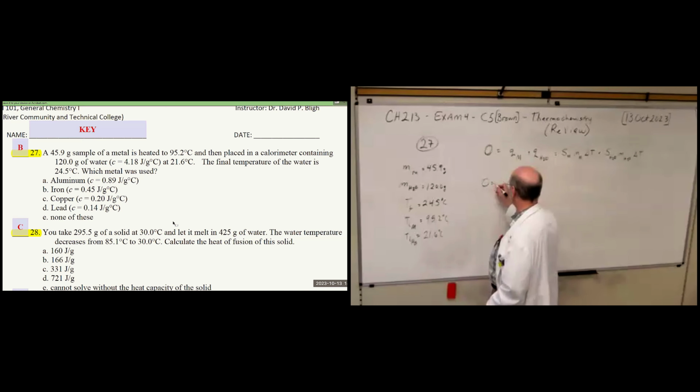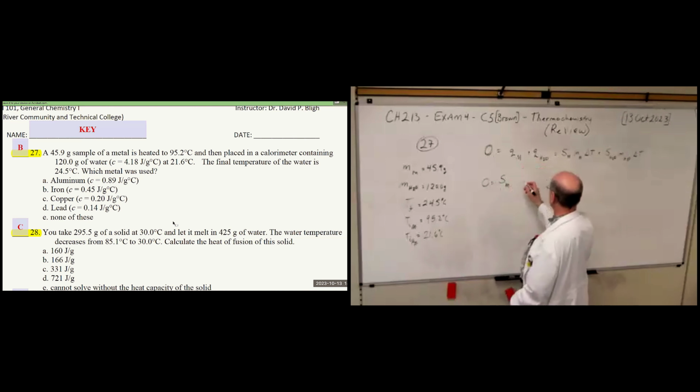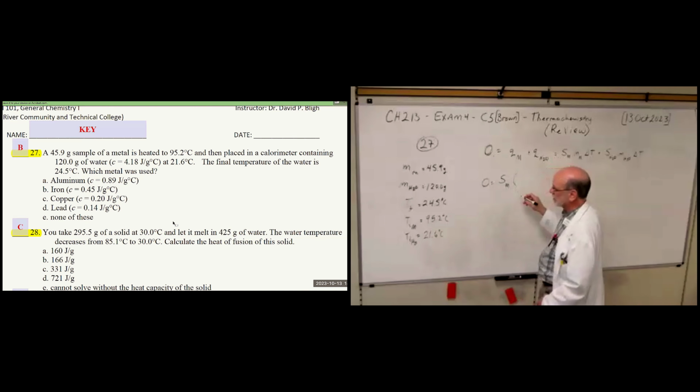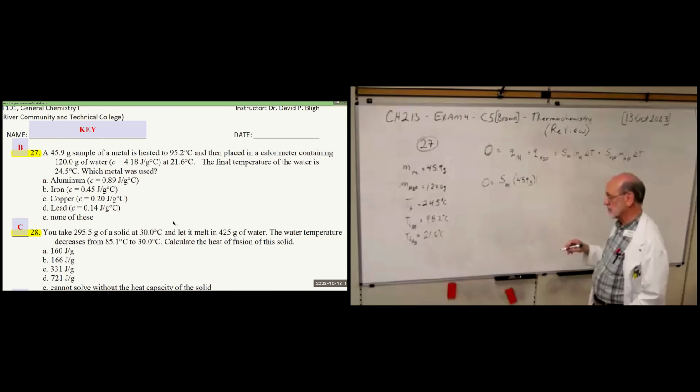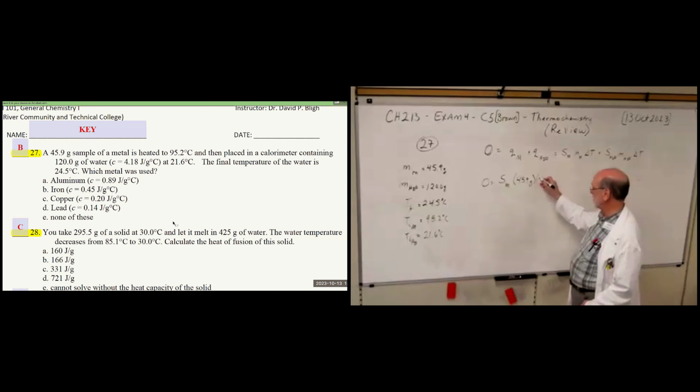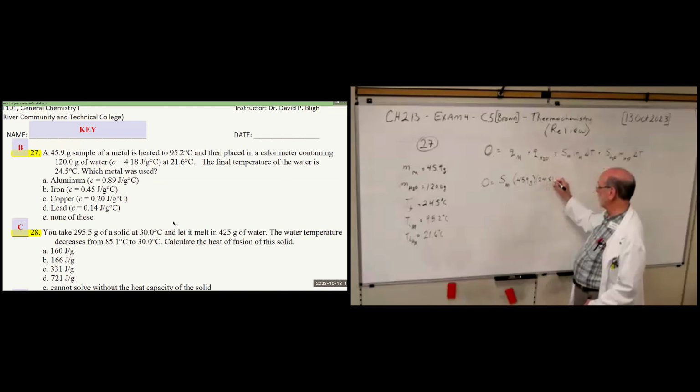So we're going to have this as our unknown. The mass of the metal is 45.9 grams. And then the change in temperature is final 24.5 minus initial 95.2.